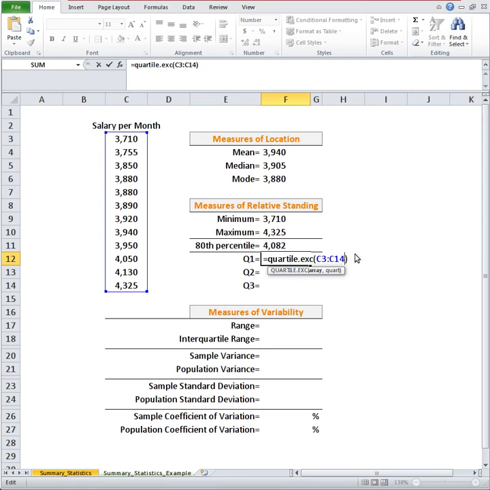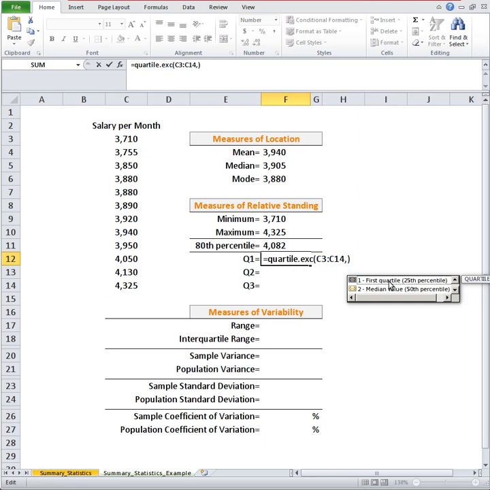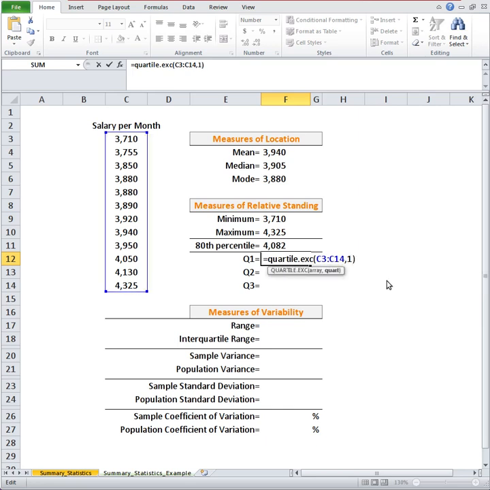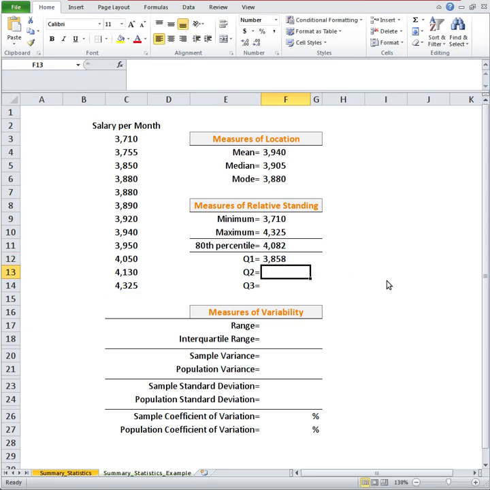Why? Because I only highlighted the data, but I never said which quartile I am trying to get. The quartile that I am trying to get is the first. So very simply, I just hit comma, and then I say, okay, please give me the first quartile, so the number 1. And if I hit enter, then I get the first quartile. Now the second one.